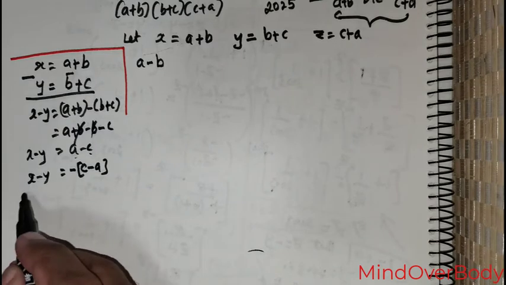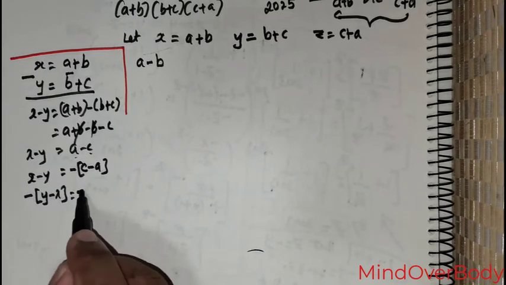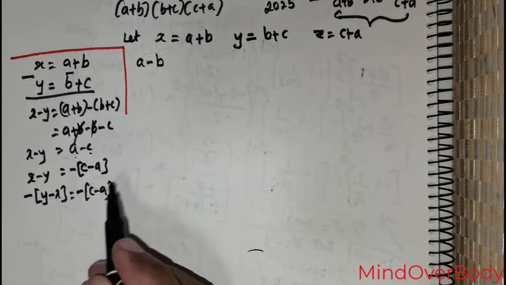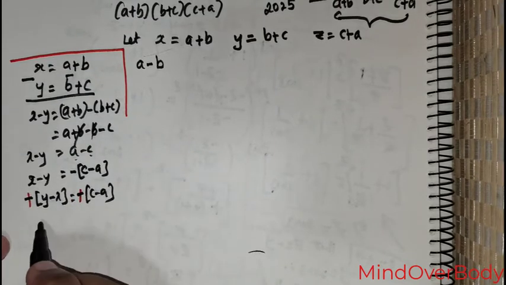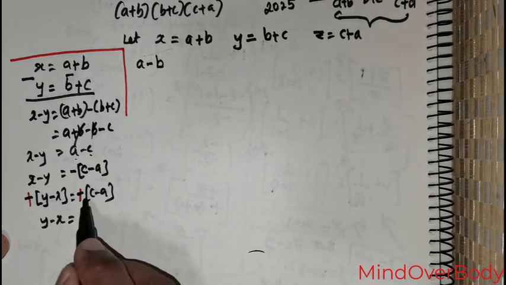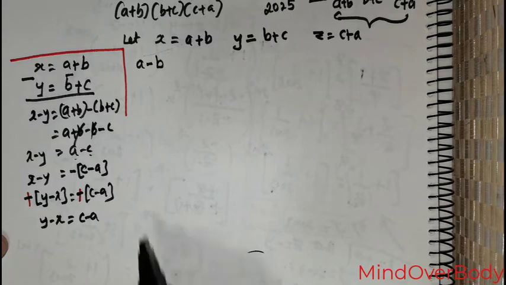Now if I take a negative sign here too, this gives me y−x equal to −(c−a), and removing the signs, I now have y−x equal to c−a. So this is the representation I have.